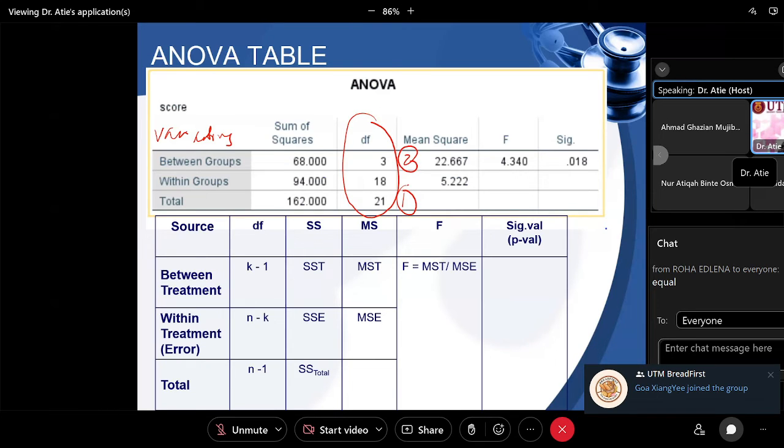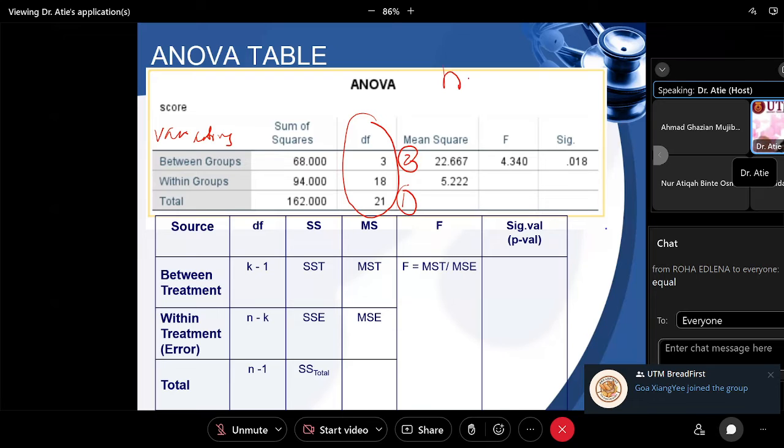When it comes to degrees of freedom, it's always n minus 1. What is our n?